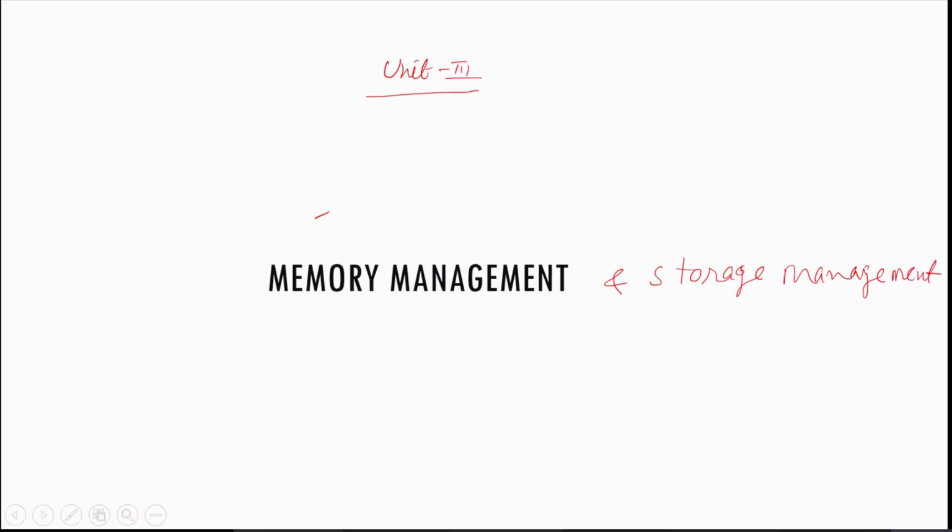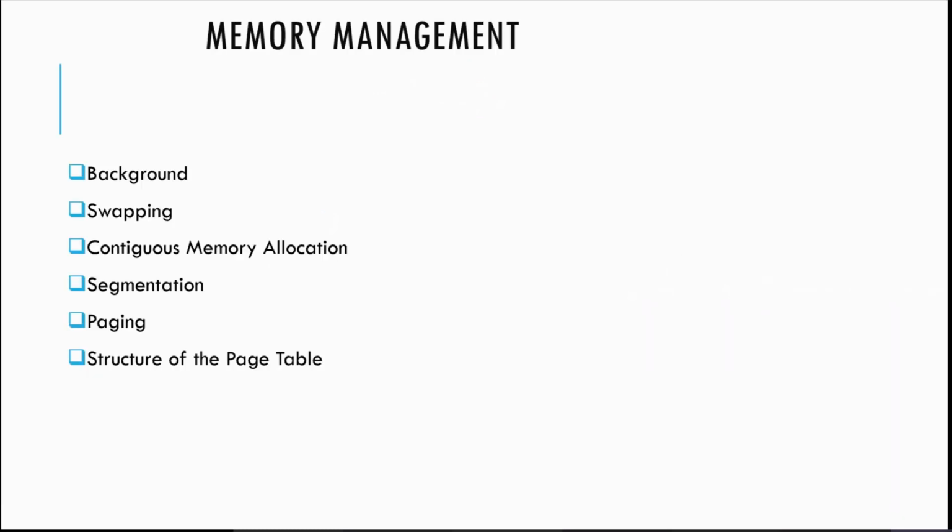So in this memory management, we will cover these topics. We will cover the basic background of memory management. What is the requirement? How does this memory help in running the process? Then the swapping concept, that is the virtual memory concept.